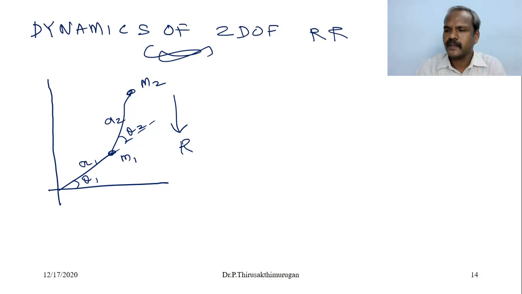The joint variables are q1, q2. Then tau 1 and tau 2 are the torques supplied by the actuators.